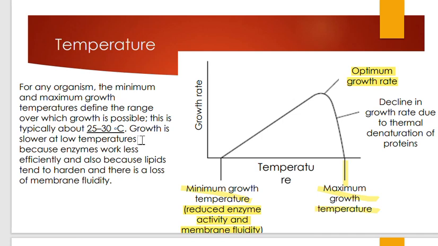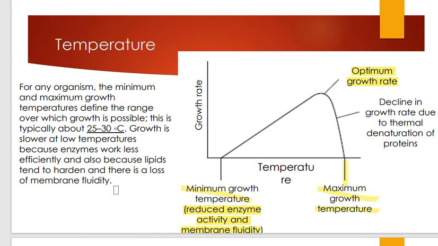So you also need to remember that at lower temperature, for example, a chilling temperature which can be achieved at 0 to 5 degrees Celsius, there is slower microbial growth because of reduced enzymatic activity as well as reduced membrane fluidity. So again, at lower temperature, the different enzymes which break down or catalyze the bigger molecules will have reduced activity.